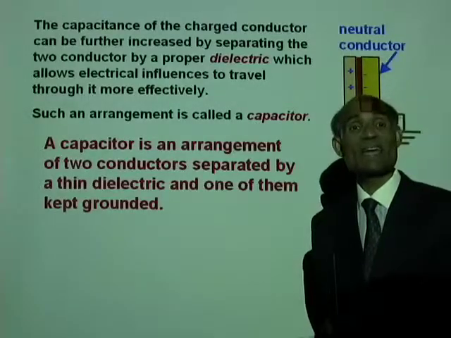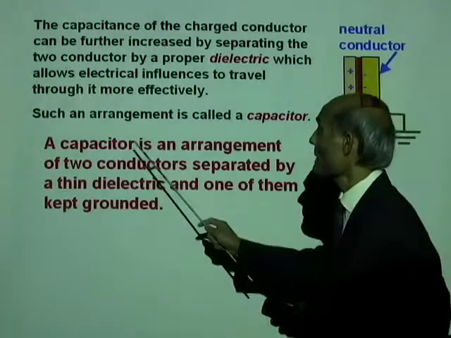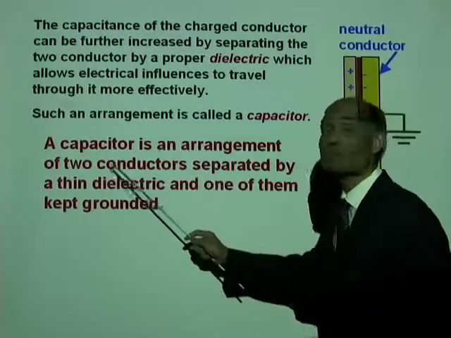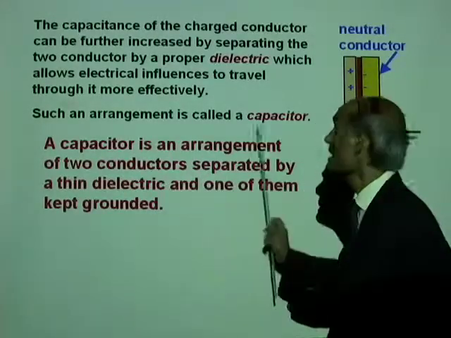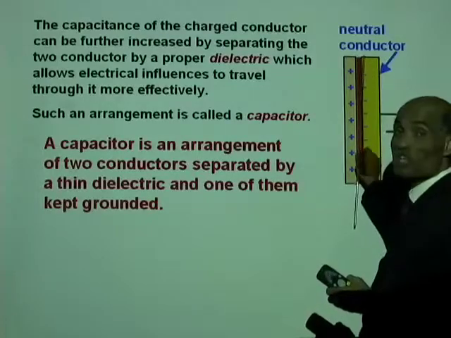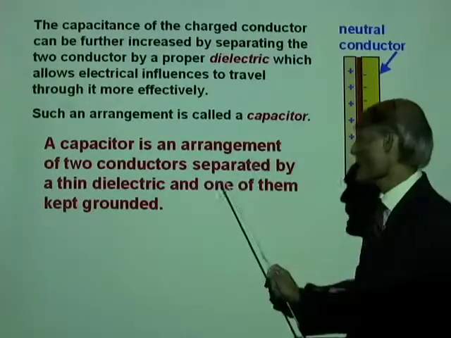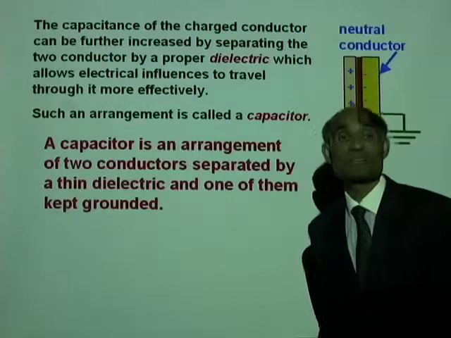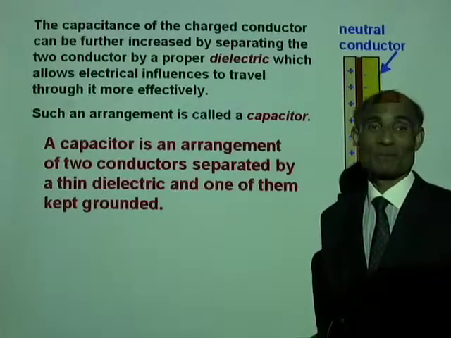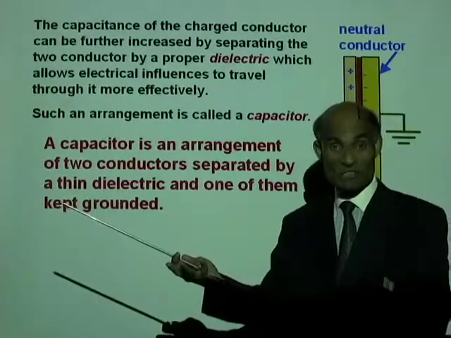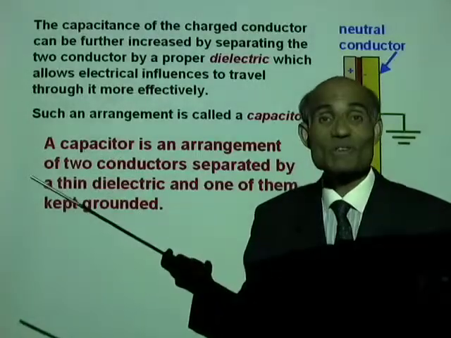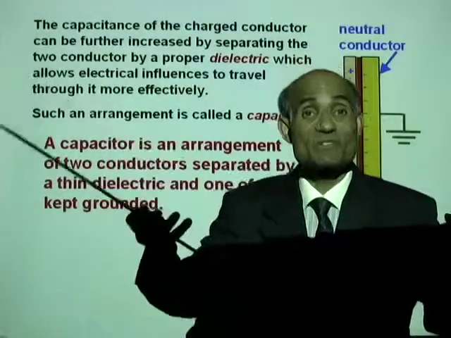So what is a capacitor? A capacitor is an arrangement of two conductors separated by a thin dielectric and one of them kept grounded. Well, so we have a capacitor. A capacitor has a capacitance.